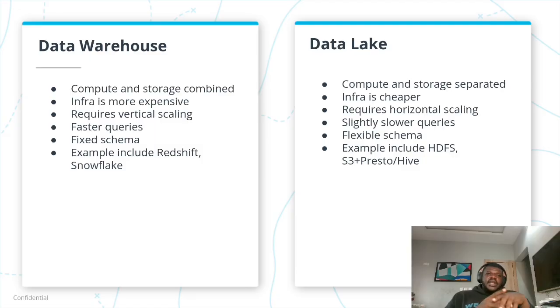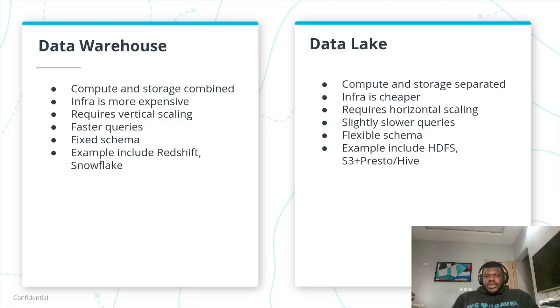Say you have a Postgres database that has been modified so that the way it stores data, data can be efficiently retrieved. But the thing with the data warehouse is that both the compute and the storage are combined. So the database stores the data on the server, and the transformation also happens on that same server.